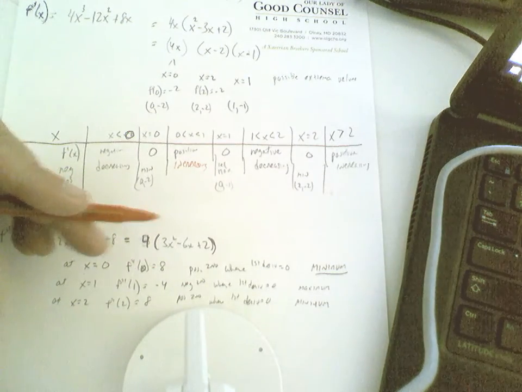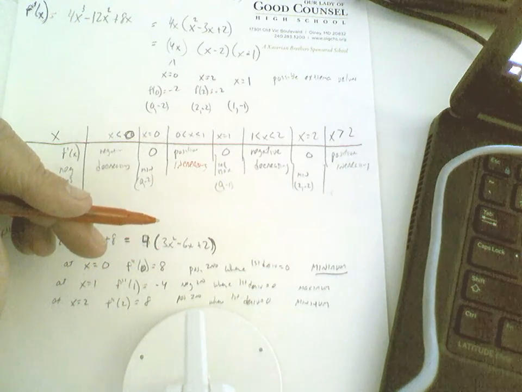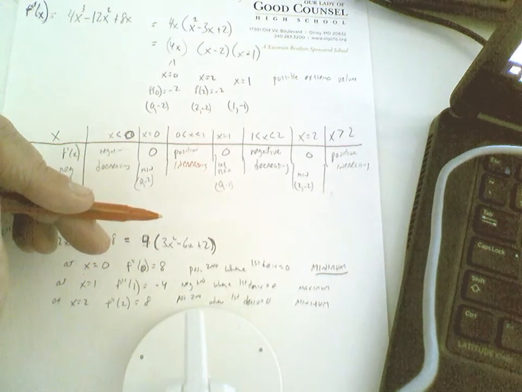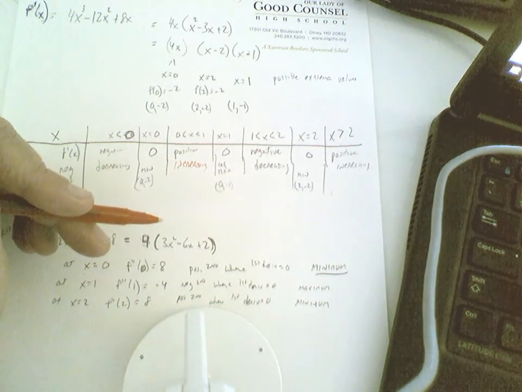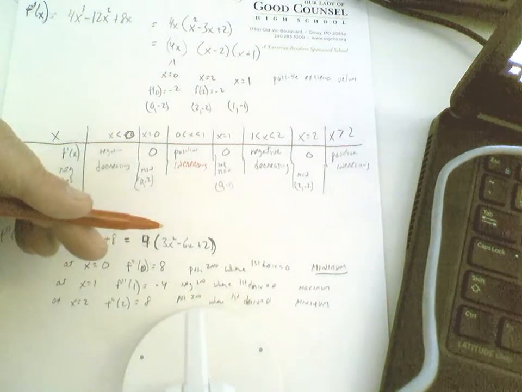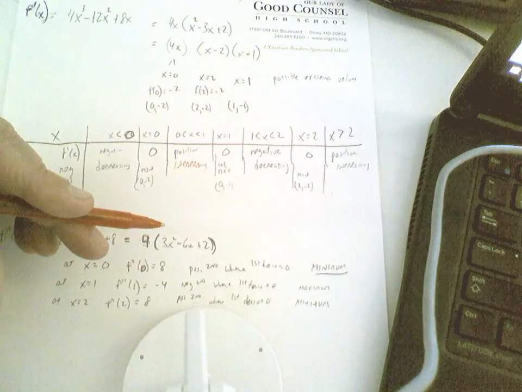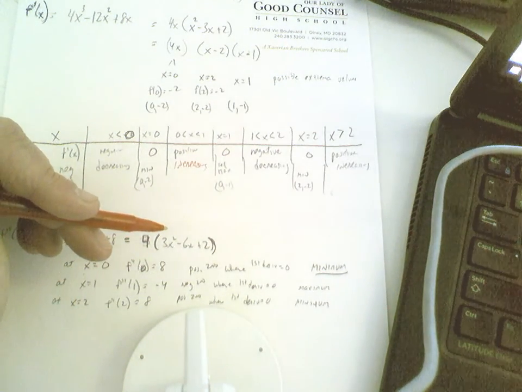If it is positive, you have a minimum. If your first derivative is equal to 0 at a given value, you evaluate the second derivative at that same given value of x. If the result is negative, you have a relative max.